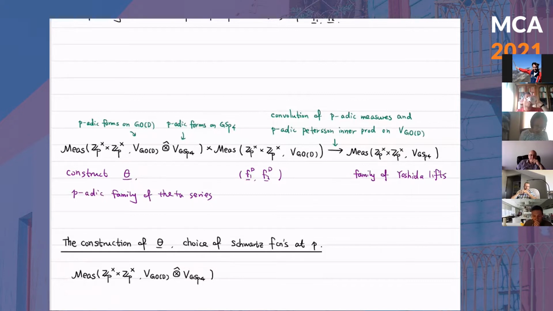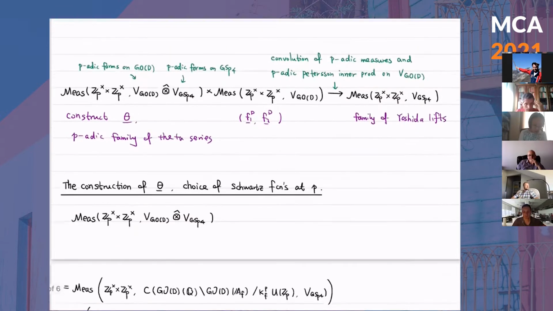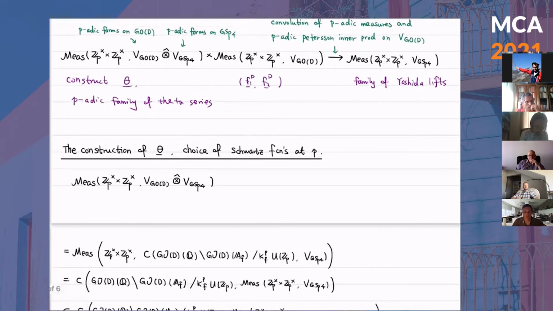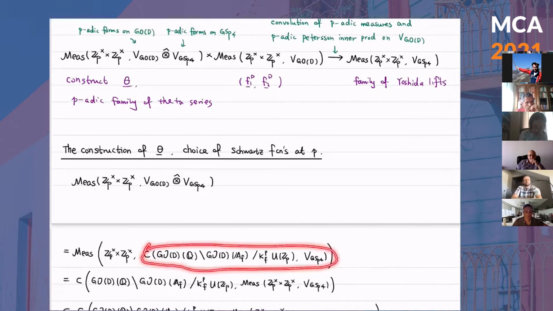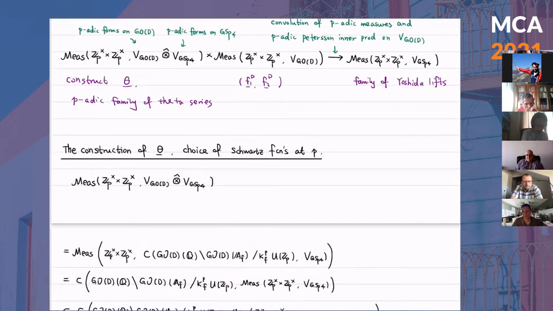We know the orthogonal group is definite, so the Shimura variety is just a bunch of points, and the p-adic forms are some continuous functions on a set of points. So we can rewrite this as continuous functions on a quotient of the finite adelic points of this orthogonal group.